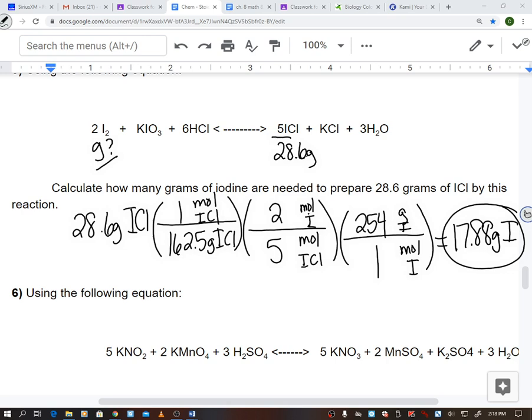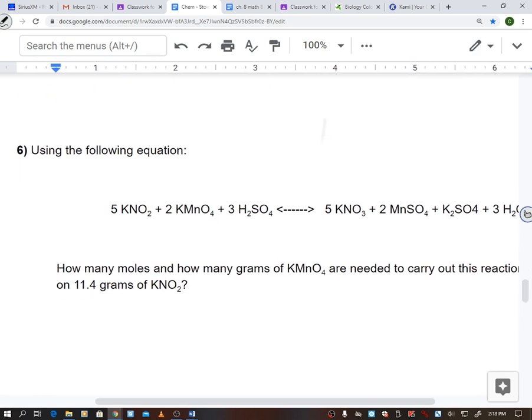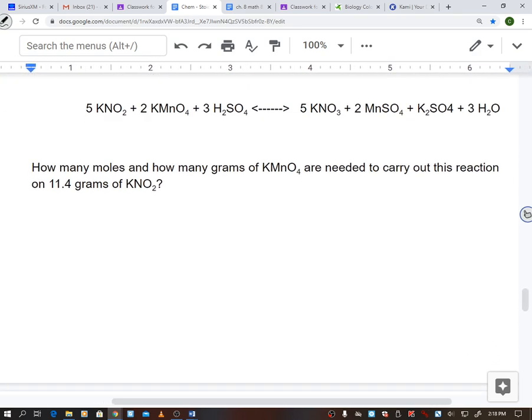Let's look at number 6. How many moles and how many grams of potassium permanganate are needed to carry out this reaction on 11.4 grams of KNO3? So once again, if I'm going from grams of potassium nitrate to moles of potassium nitrate, that is 1 step.